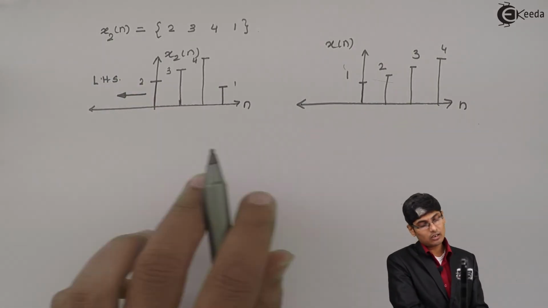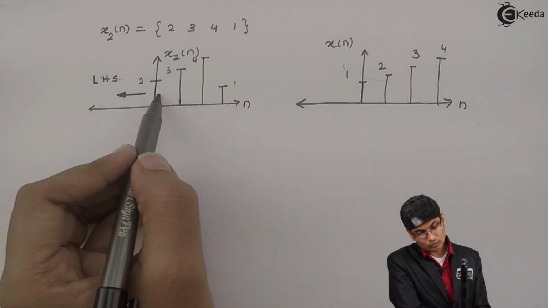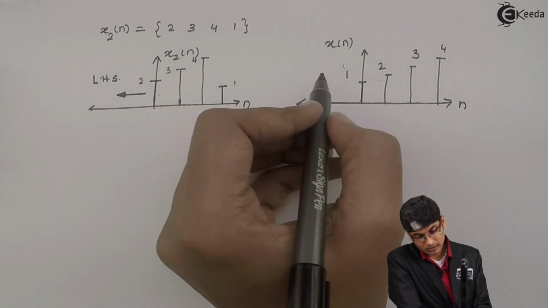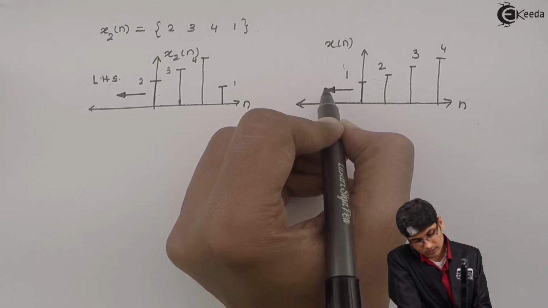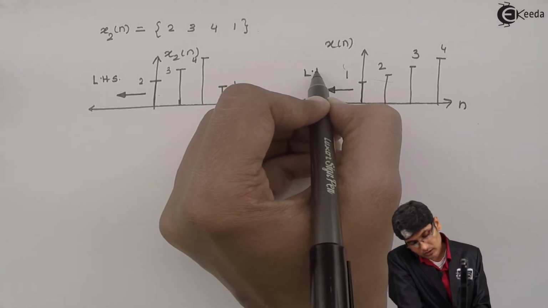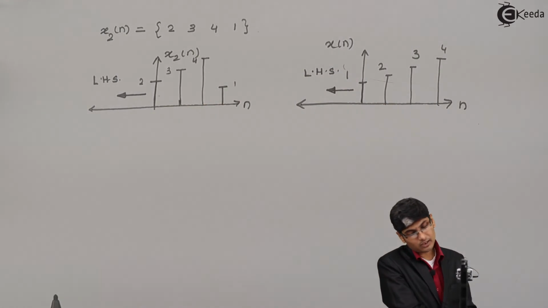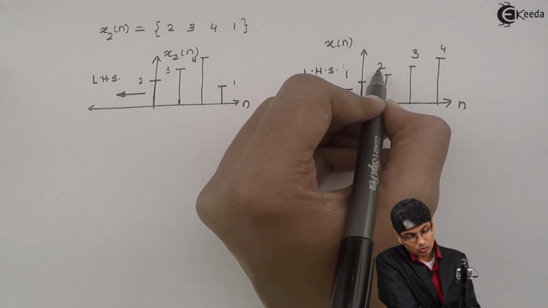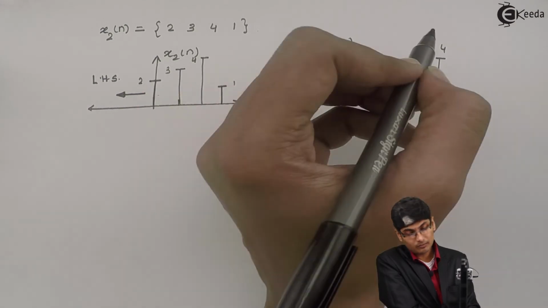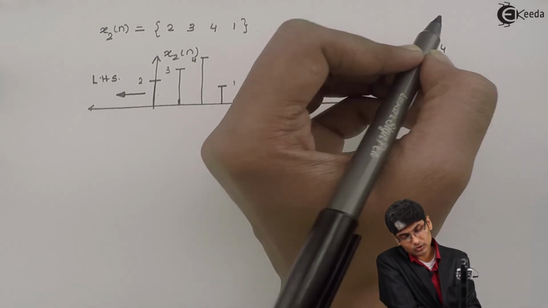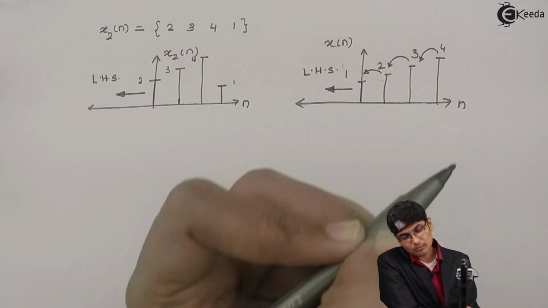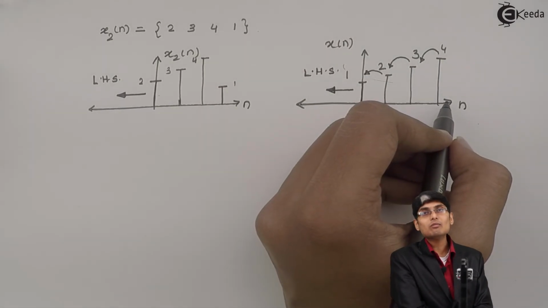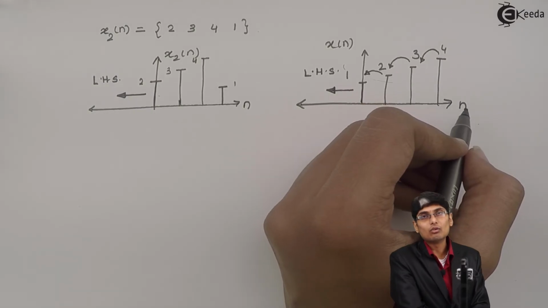Not this signal, this signal. I need to shift this signal to the left hand side to achieve this signal. What will happen? This 1 will be dumped out, 2 will take 1's position, 3 will take 2's position, 4 will take 3's position. And who will come on the position of 4? 1 will take the position of 4.